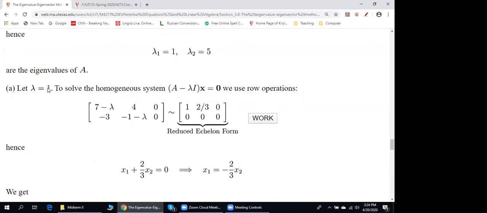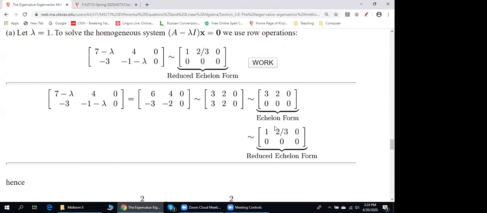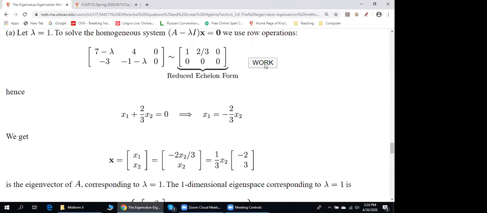For lambda is equal to 1, step 1, write down the augmented matrix. Step 2, replace lambda by 1 and apply elementary row operations to come up with the reduced echelon form. After that, we switch to the corresponding equation. We move 2/3 x2 to the right because x2 is a free variable and x1 is a basic variable.